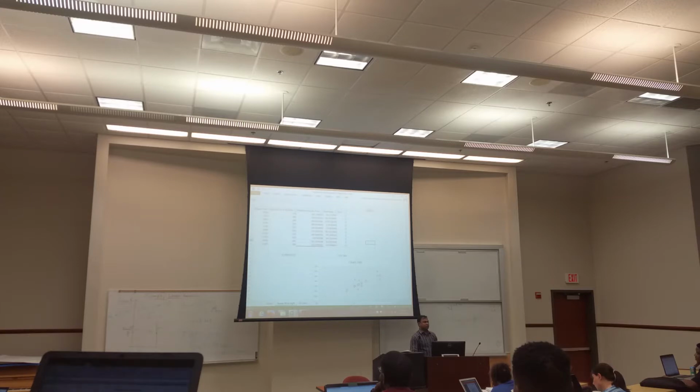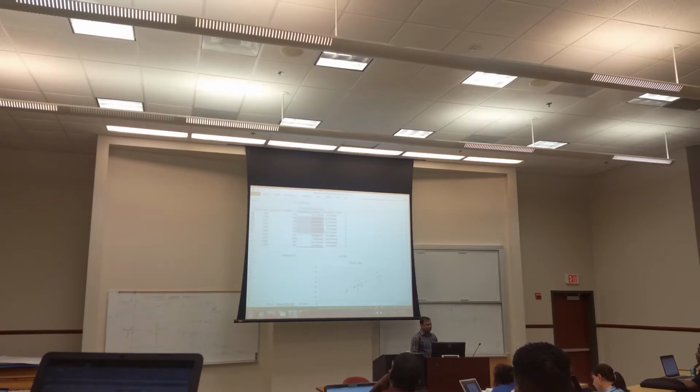This is what my predicted values are, this is the residuals. So if I square each one of the residuals, the errors, and sum them, I get the sum of squared errors. And the predicted value minus the average y gives the regression sum of squares.